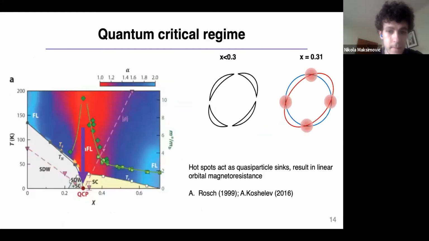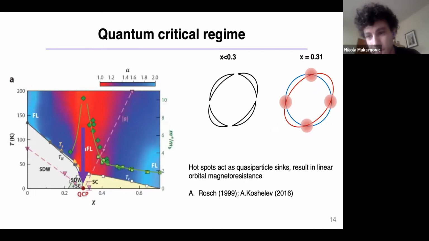So, I've already hinted at this, but as we move towards the quantum critical regime, this gap closes, and also these points turn into regions of very strong antiferromagnetic scattering. This is called the hotspot model, and this is a very well-known theoretical model.